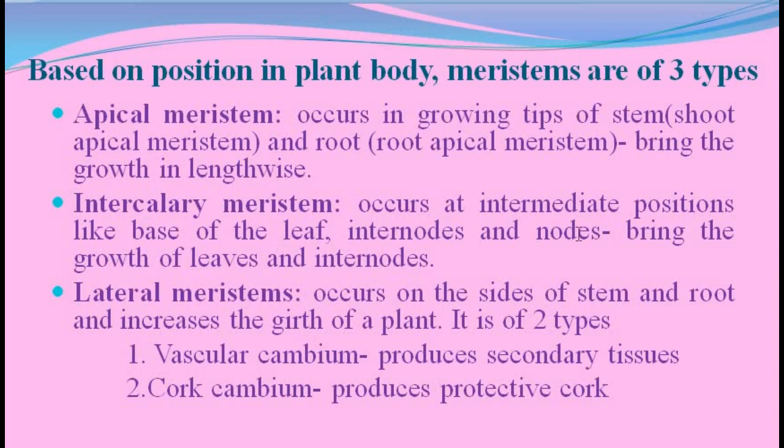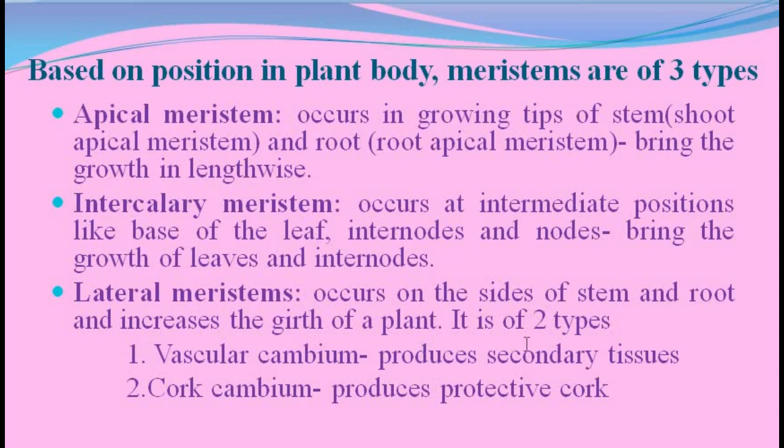It occurs at intermediate position like base of the leaf, internodes and nodal region, which bring the growth of leaves and internodes. Then the third type of meristem is called the lateral meristems. These meristems occur on the sides of the stem and root, and hence they will increase the girth of a plant.